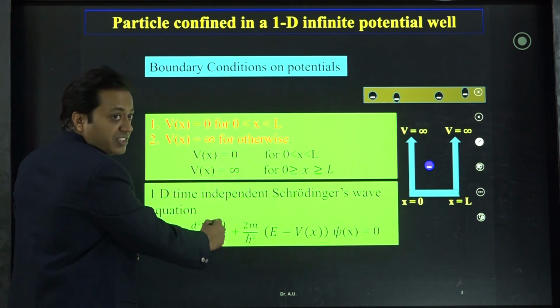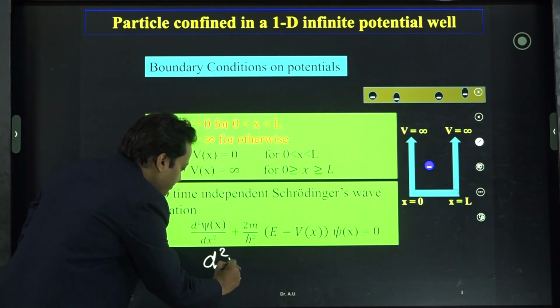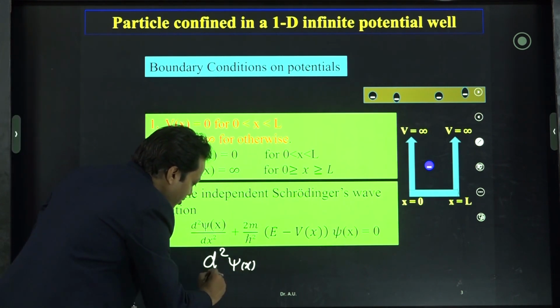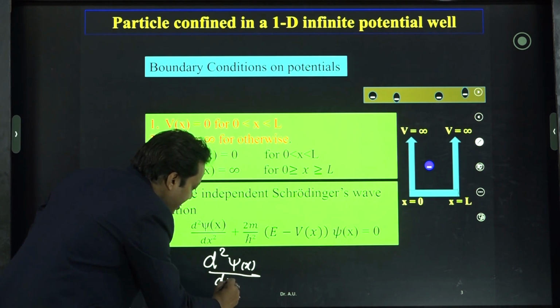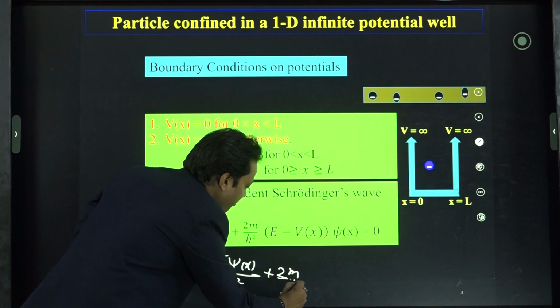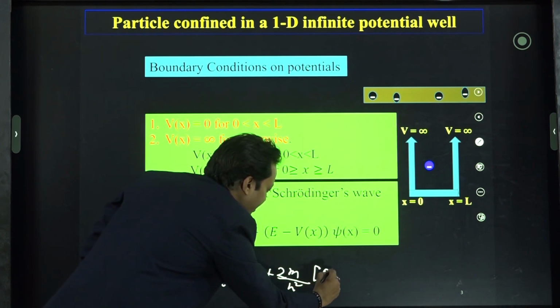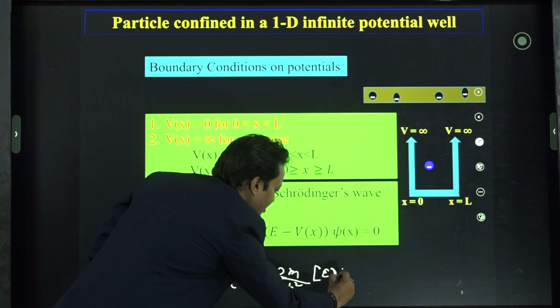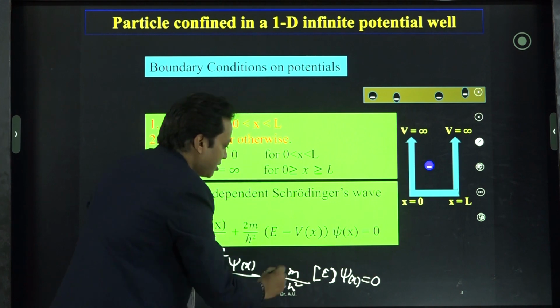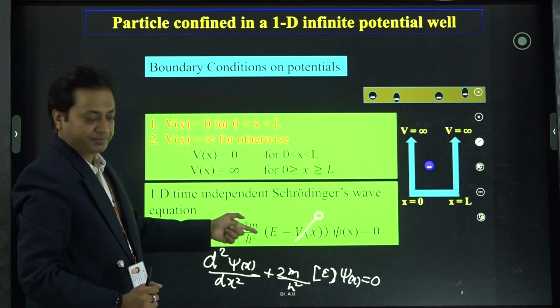So, we can write this same Schrodinger equation as d2 psi of x over dx square plus 2m over h cross square, within bracket E, psi of x is equal to 0, because V of x is 0 here.